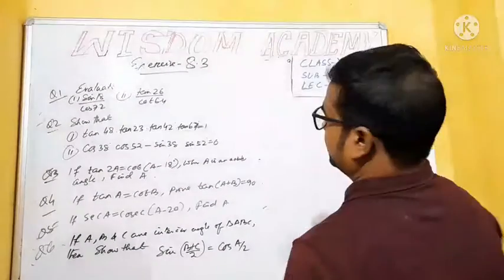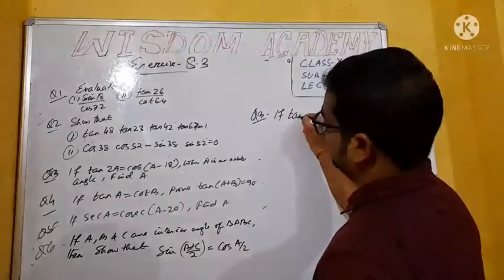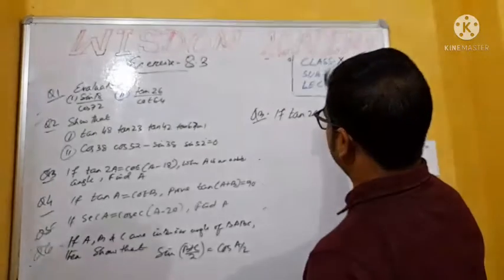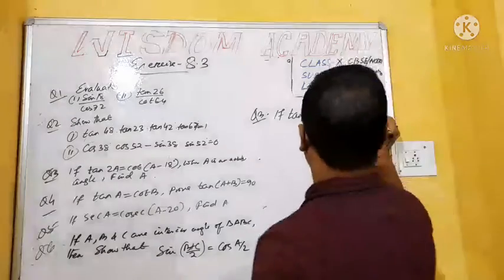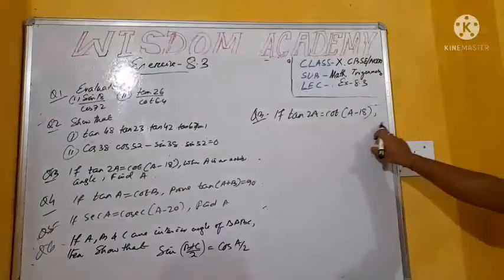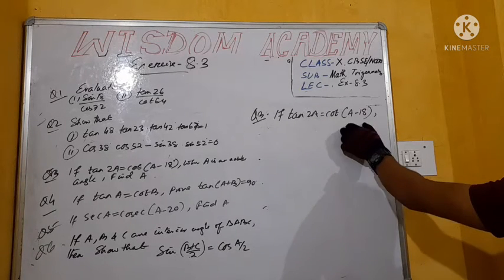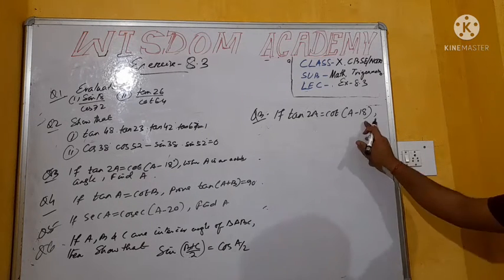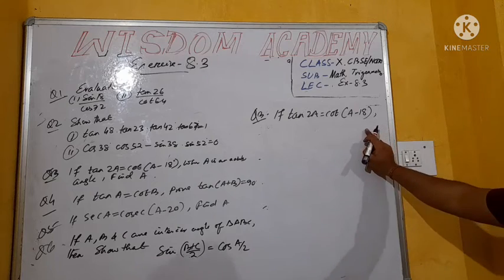Students, next question 3. If tan 2a is cot of a minus 18, where a is an acute angle, find a. What is given? Tan 2a is cot of a minus 18, where a is an acute angle, that means the value of a is below 90 degrees.